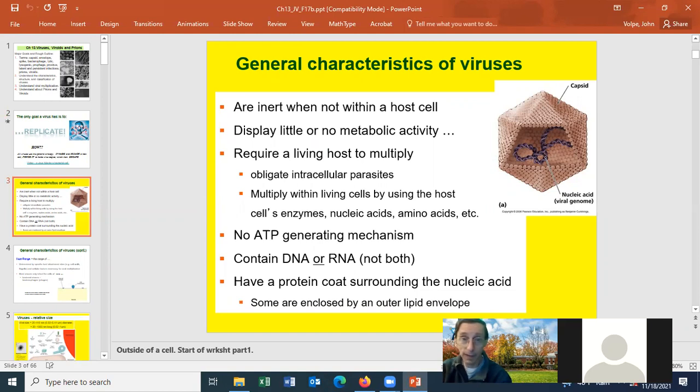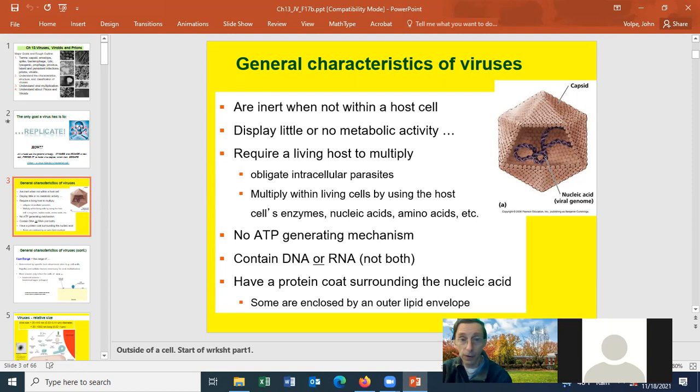So we can say viruses are obligate intracellular parasites. They only multiply within a living cell using the host cell's enzymes, nucleic acid, amino acids, and other molecules to replicate. A virus has no ATP generating mechanism. They get all the ATP they need from their host cell.